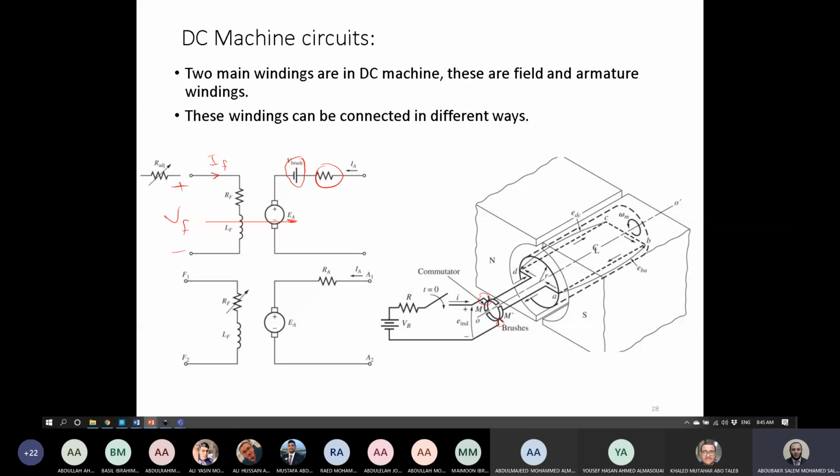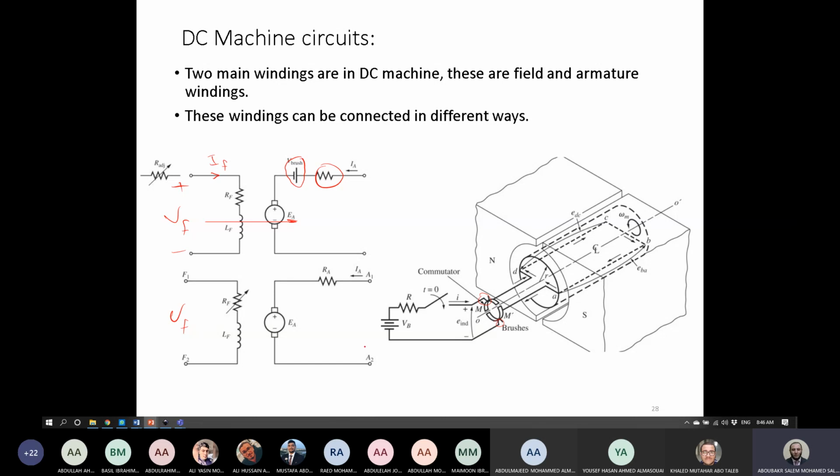So finally, we can say that we have field winding. However, field winding, shabab, most of the time needs variable resistance in order to control the field current. So we should add R adjustable, or field winding resistance, adjustable resistance with the field. So we can consider now RF as variable, okay, and it will be supplied from fixed source VF.